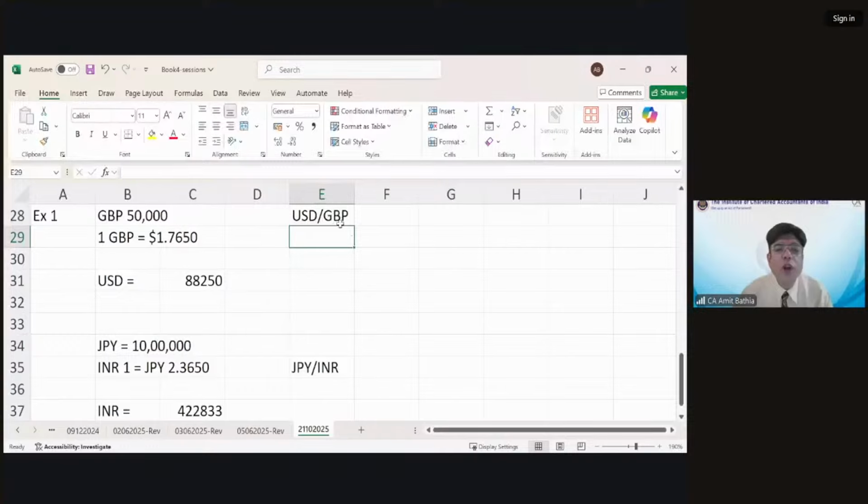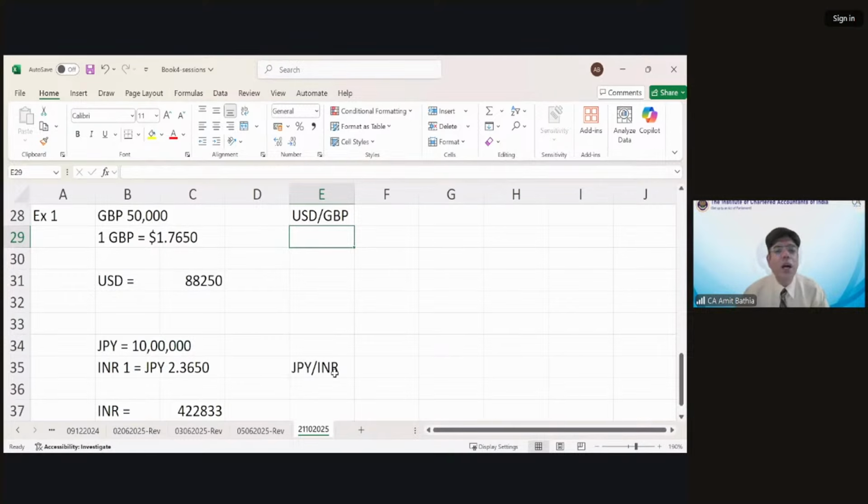When I am going from GBP to USD, meaning from the base currency to the reference currency, I will multiply. That is what I did to find USD. So going up the exchange rate, you essentially multiply.